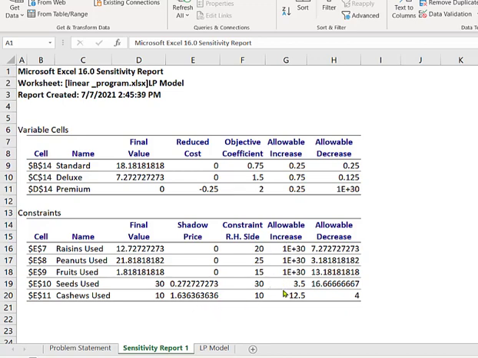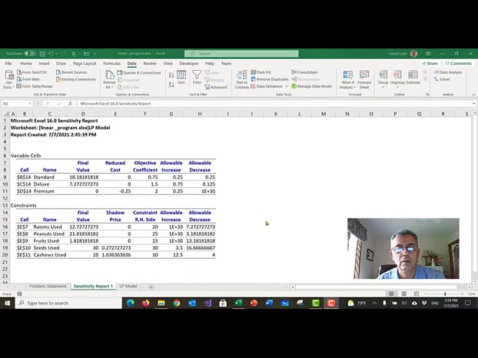The allowable increases and the allowable decreases are stated here in this section. And this is how we use the Microsoft Excel solver to solve a linear programming problem and then obtain the sensitivity analysis report and try to do interpretation of the sensitivity results.